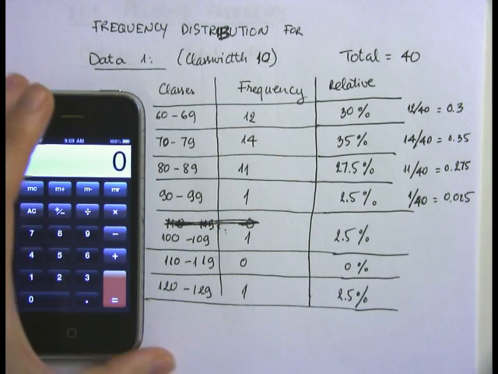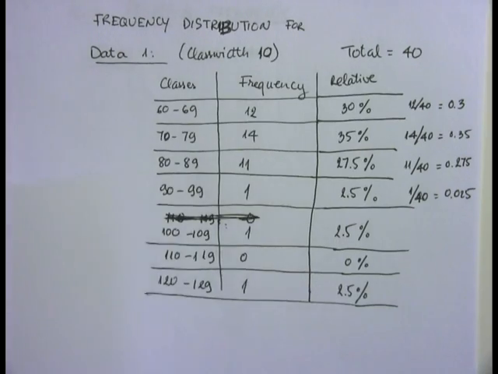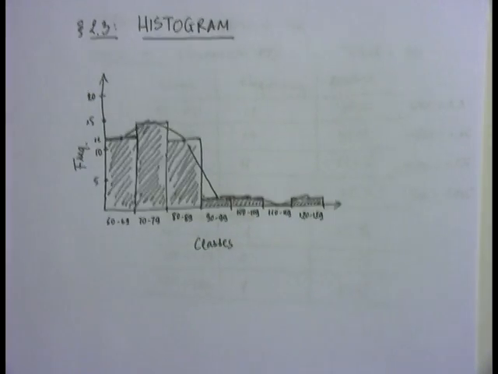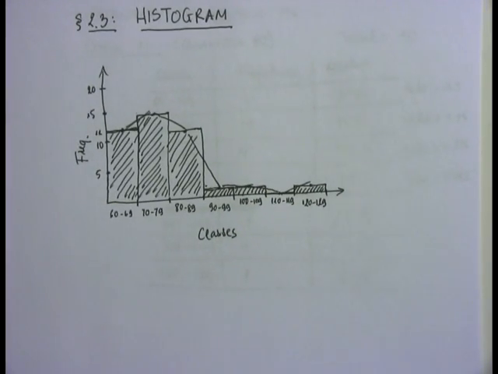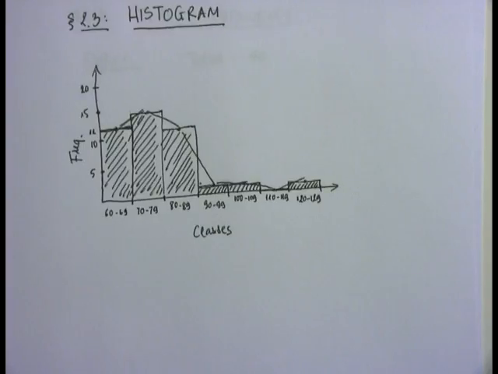So now once you have created for yourself the relative frequency, you can also revise your histogram by just simply labeling each of the histogram bars with the corresponding relative frequency. So here's my graph. This is the graph for the histogram that I constructed earlier in some of the other video clips.